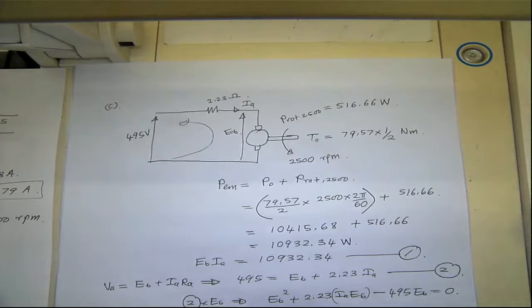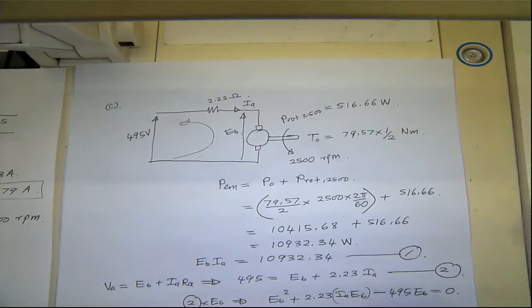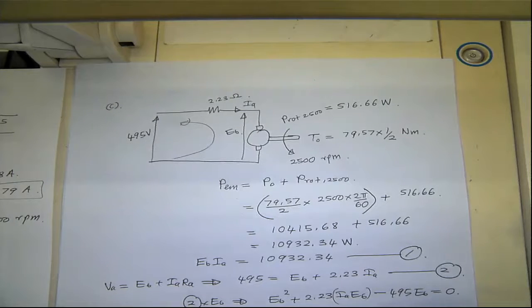So EB squared minus 495 EB plus this value multiplied by 2.23, which is 24379.1.